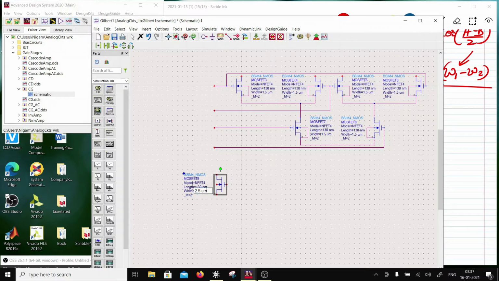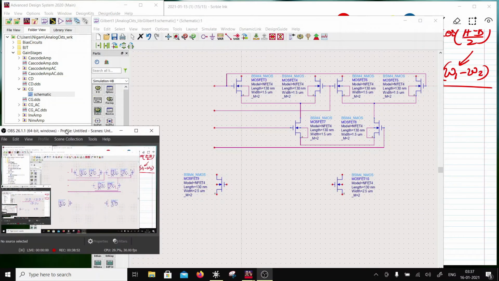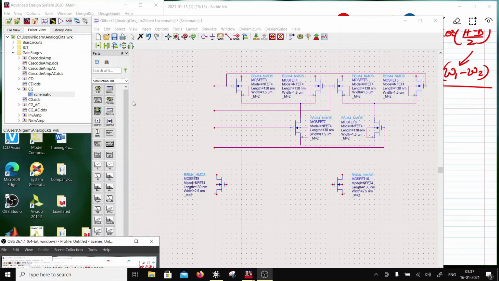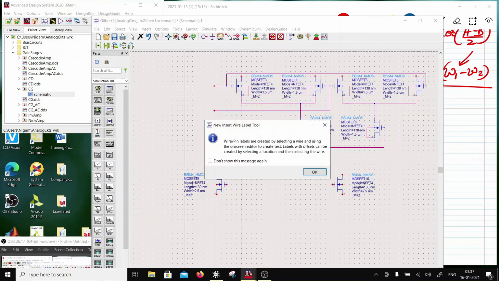So this is a 1:10, or let's say 1:8 current mirror. So I'm going to repeat it, flip it, so it goes over here. Let me see if I'm recording. I'm recording, fine.